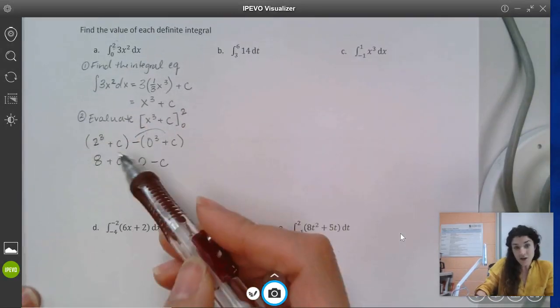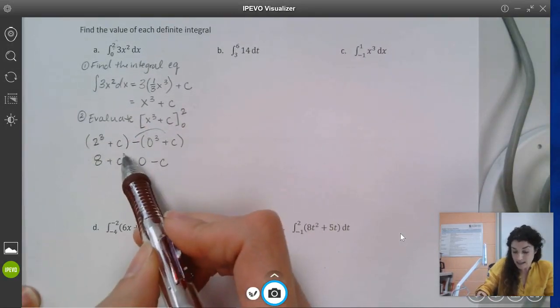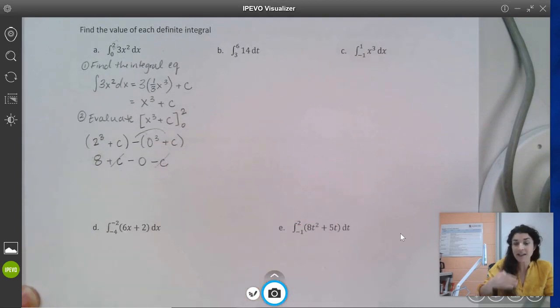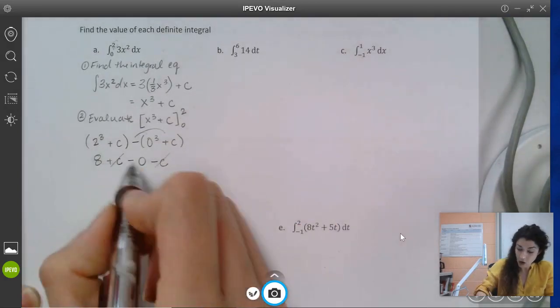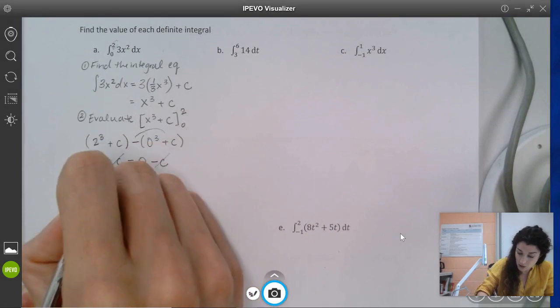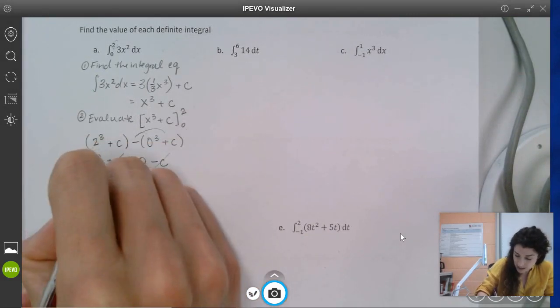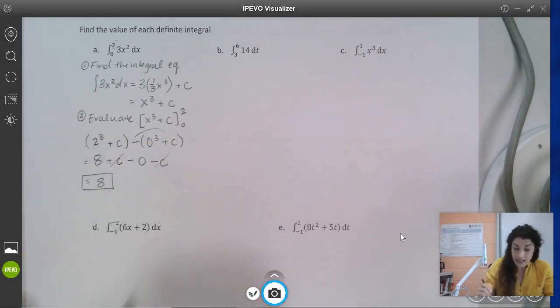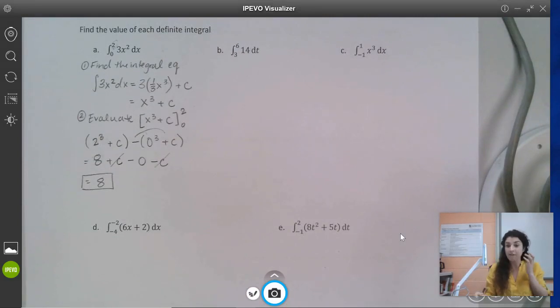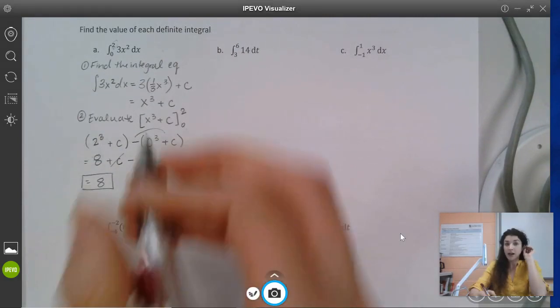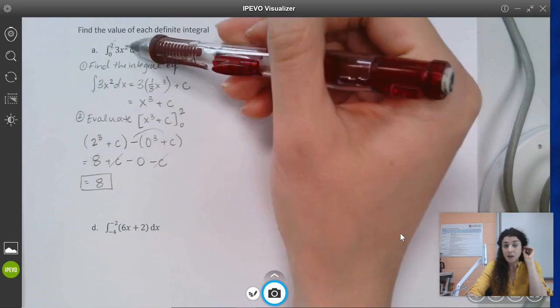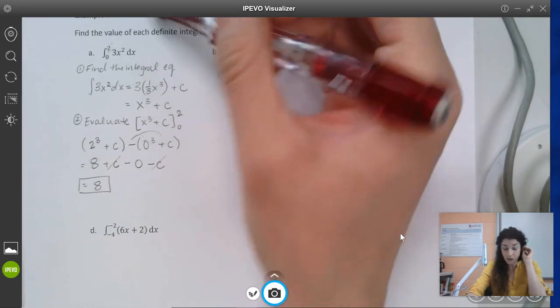I want you to take note here that as we add c and then subtract c, they cancel out. And all we're left with is 8 minus 0, which is 8. And that is the value of this definite integral, the area underneath the curve of 3x squared from 0 to 2.